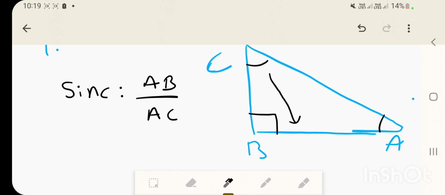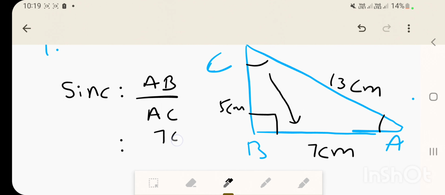Suppose in the example problem they mention the lengths in centimeters: the length of BC is 5 centimeters, the length of AC is 13 centimeters, and AB is given as 7 centimeters. If they ask to find sin C, the length of the opposite side is 7 centimeters divided by AC, which is 13 centimeters.